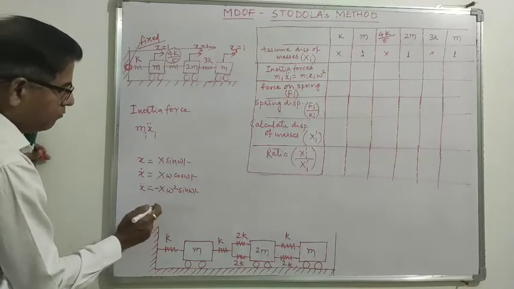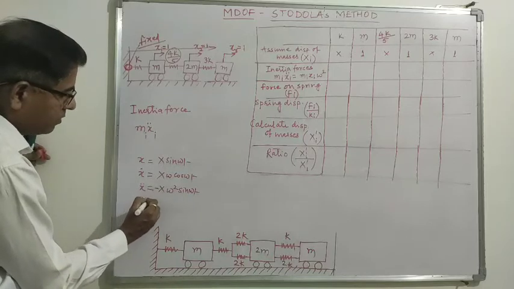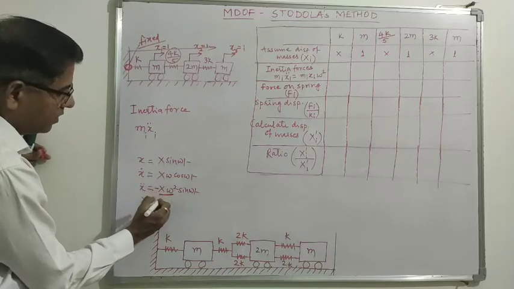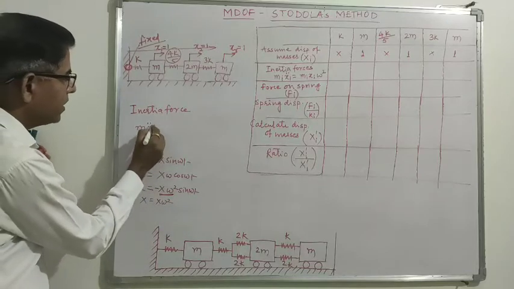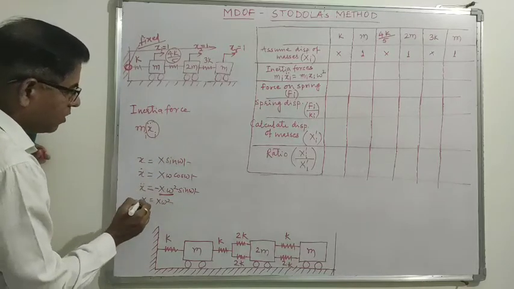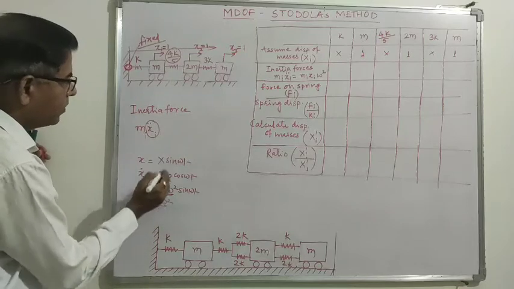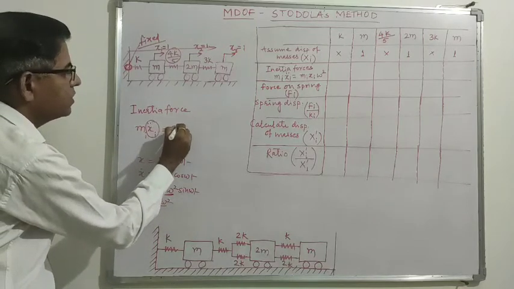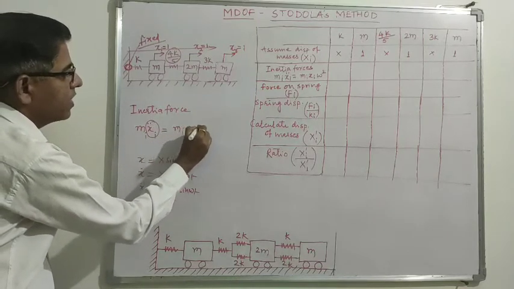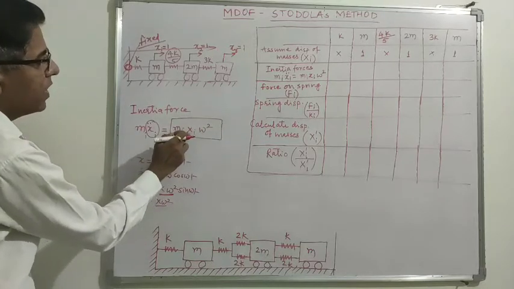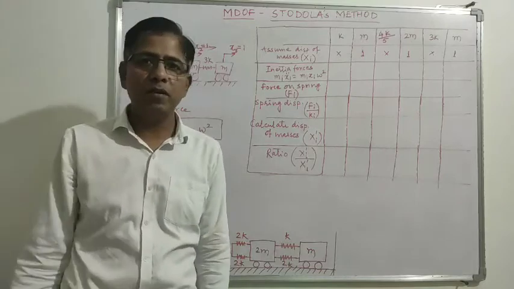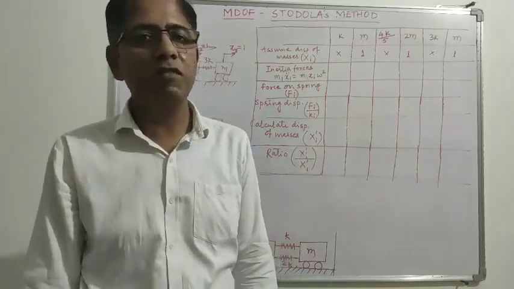So if you take the maximum value, the amplitude, then it is x omega square. If you replace this x double dot with x omega square, then the inertia force is mi xi omega square. So always remember mi xi omega square, or m x omega square. This is the inertia force.